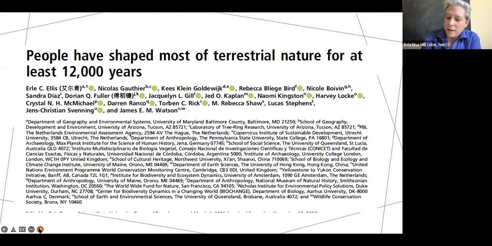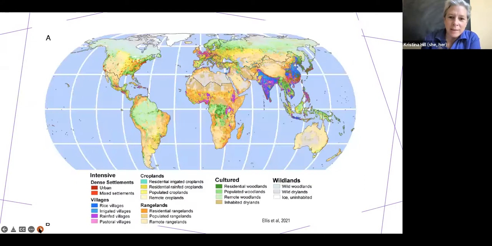Their analysis revealed that only 17% of the Earth has areas where people have not been part of the mix for 12,000 years. So what they're showing in this paper is that they're seeing biodiversity evolving with people for 12,000 years.